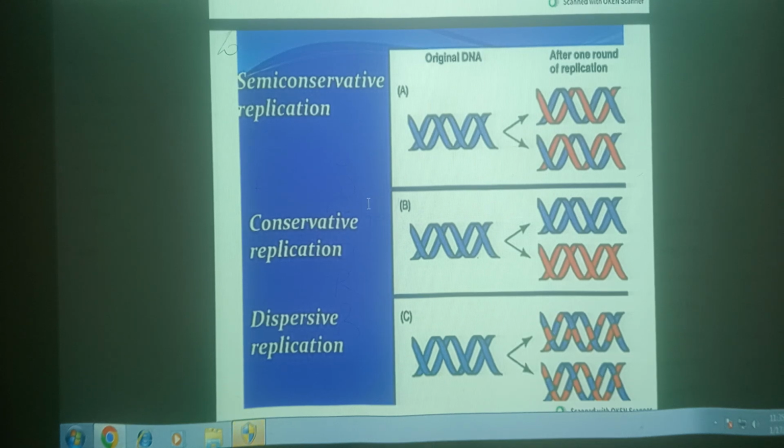First, semi-conservative DNA replication. This method of DNA replication was proposed by Watson and Crick. In this method, one strand of the DNA molecule serves as a template for the synthesis of a new complementary chain.